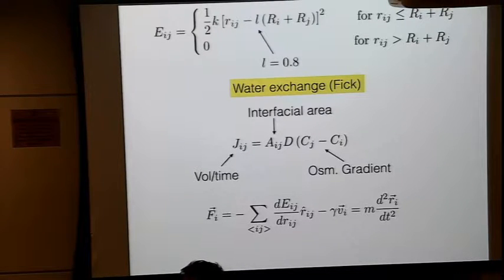This is the force on droplet I. So it moves and dissipates. These systems are pretty much in the Stokes regime. So this is acting on I. It's the relative velocity.